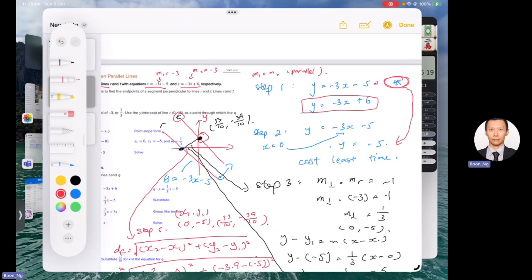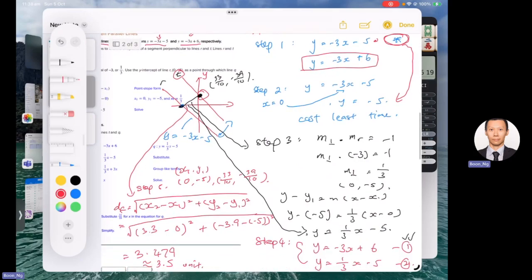So this equation and the one that is perpendicular to it, basically the only change is the slope. You can see y equals 1 over 3x minus 5. The intercept doesn't change, so the only thing that changes is the slope.